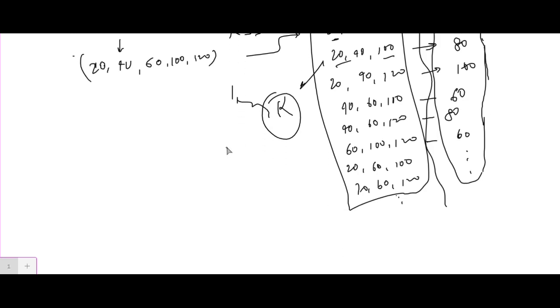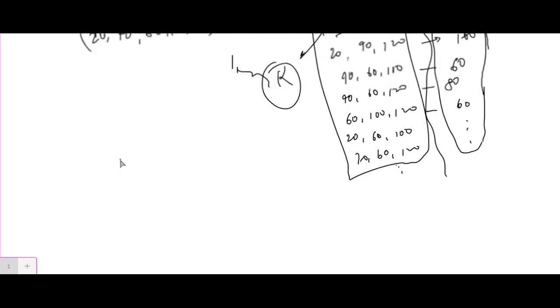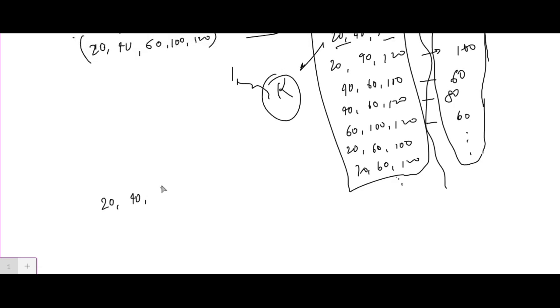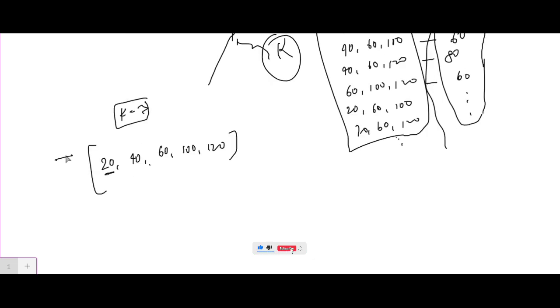One of the intuitions: let's write this example again, 20, 40, 60, 100, and 120, with k equal to 3. Many such subarrays are possible, but the question says we have to find the minimum difference between the highest and lowest of k scores.